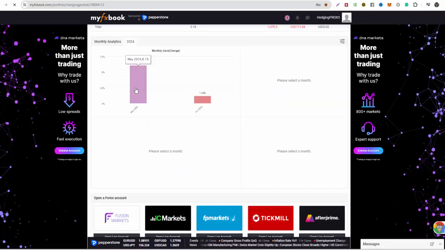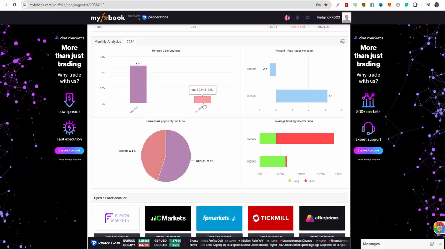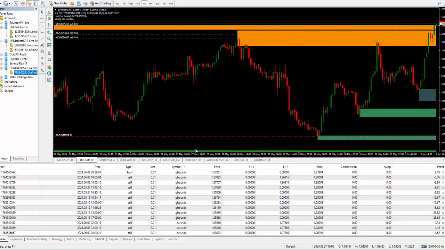Also in month of May, it gave us 6%, and already in June we are sitting on 1.22. But this 1.22 is what we are going to use for rollover. There's no other means we can clear this than to do the rollover.